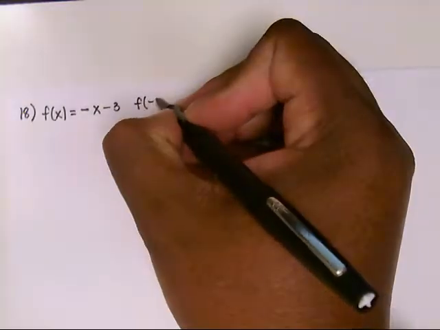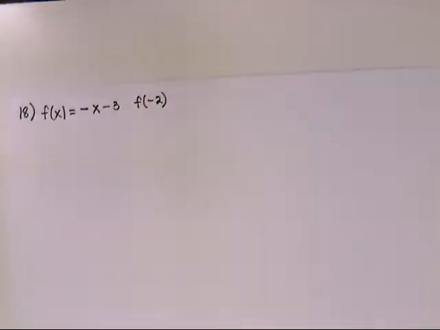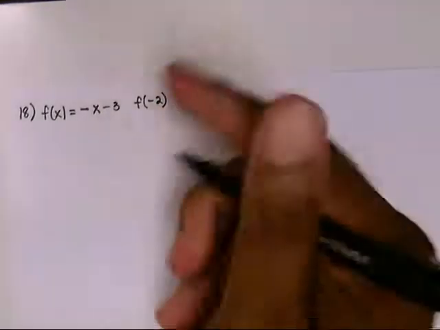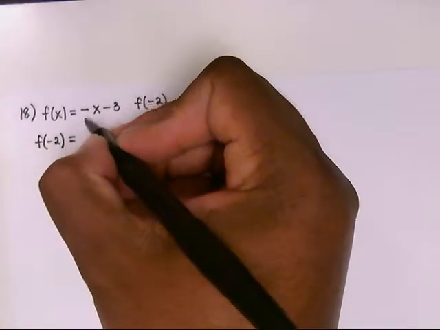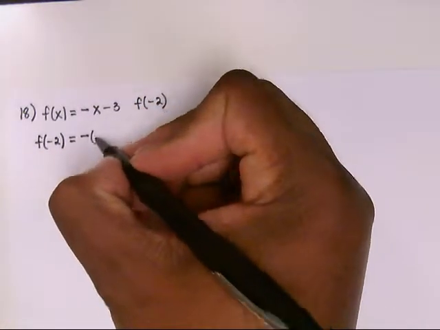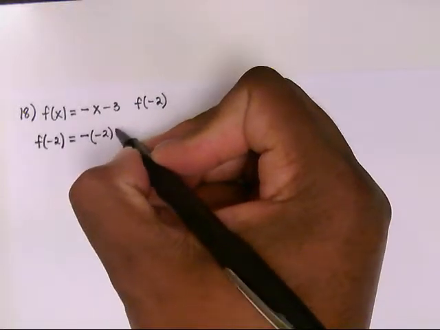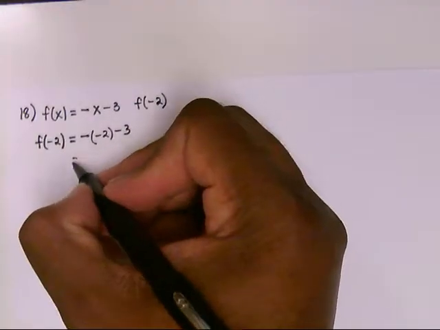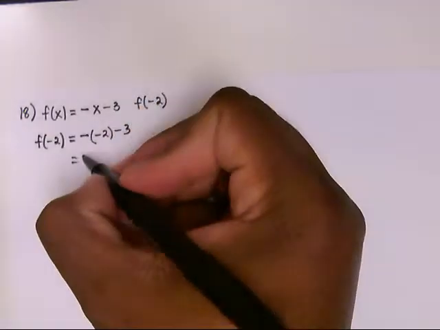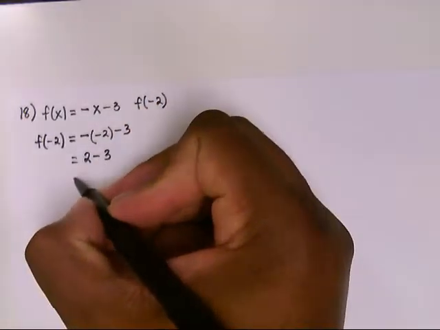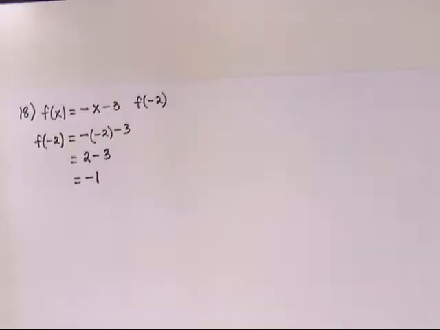And we want f of negative 2. Here we simply replace that x with negative 2. So f of negative 2 would be this. Here we got the negative sign. We bring that down. Replace that x with a negative 2, minus 3. And this is like the opposite of negative 2. That's 2 minus 3 equaling negative 1. So f of negative 2 is equal to negative 1.